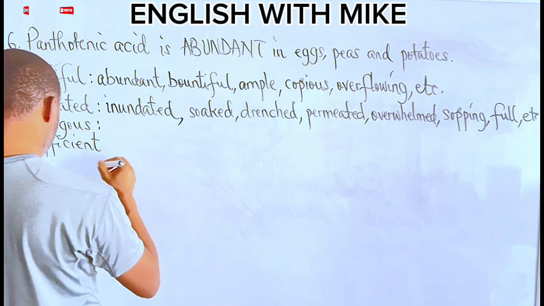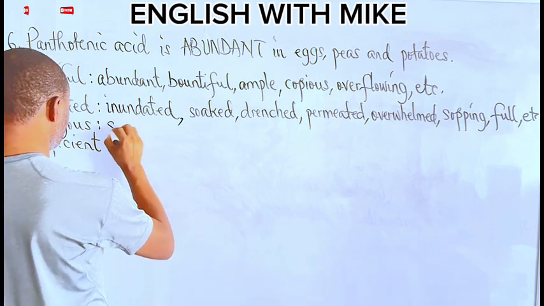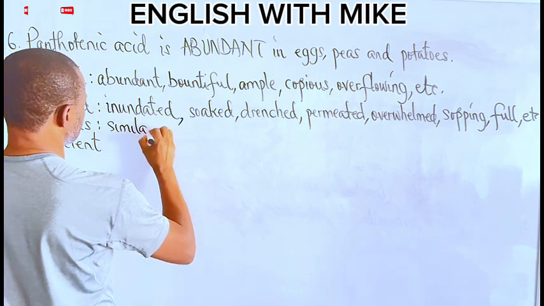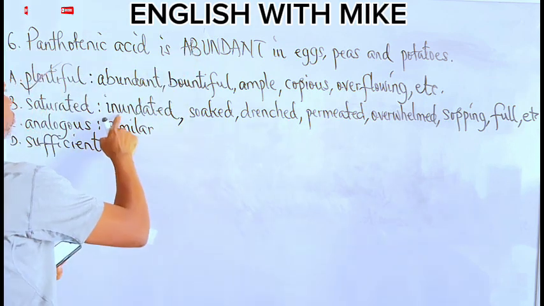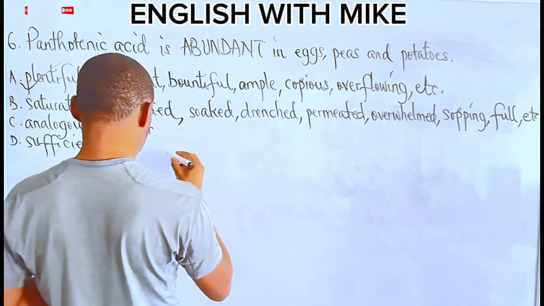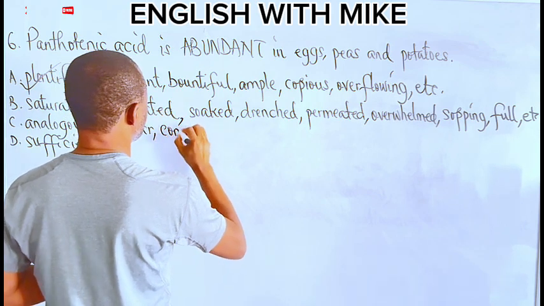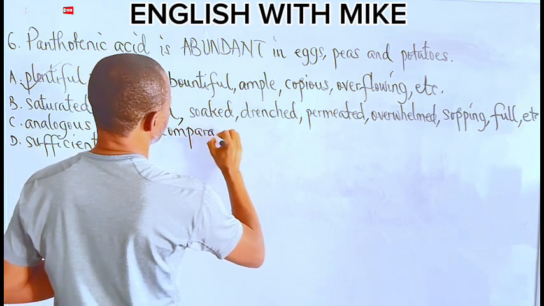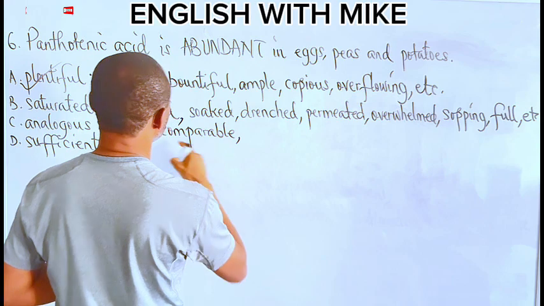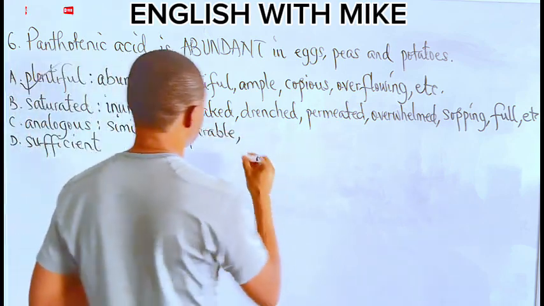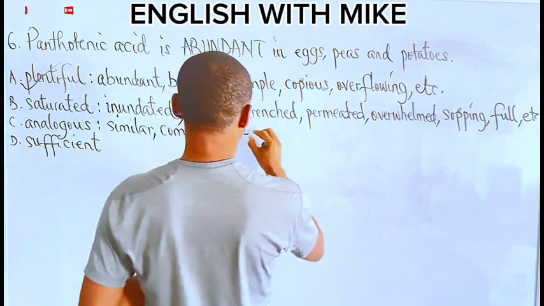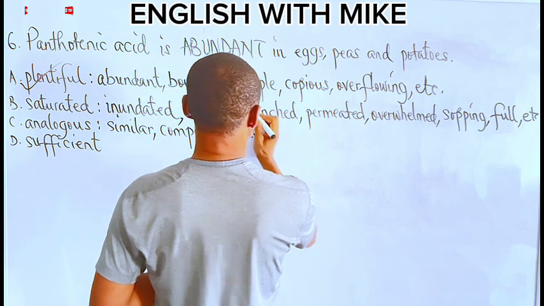What is analogous? Analogous means similar. So you see, it has nothing at all to do with this context. Similar means comparable. Of course, we can say comparable or comparable, whichever one you prefer. That is equivalent.